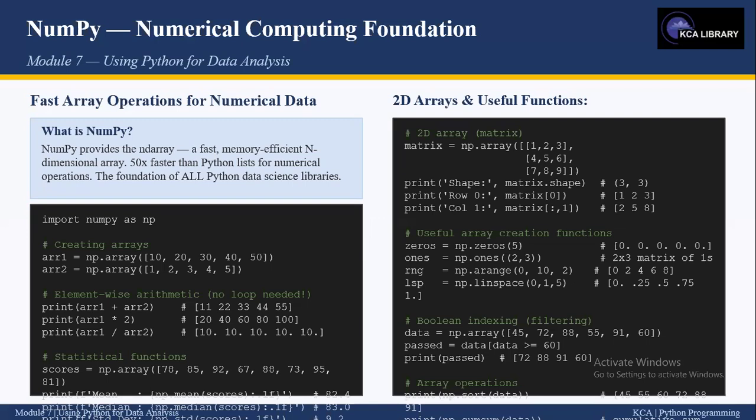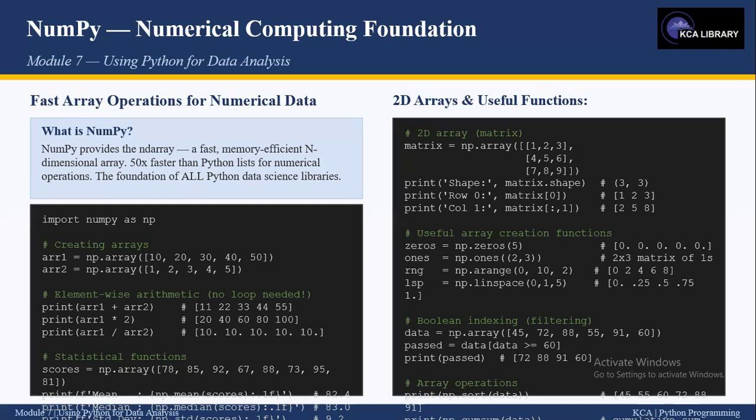For example, this is the example that demonstrates 2D arrays and useful functions. Import NumPy as np, then create the array. So this is how you can create the array. For example, array1 equals np.array, open parentheses, square bracket 10, 20, 30, 40, 50, close the square bracket, then close the parentheses.